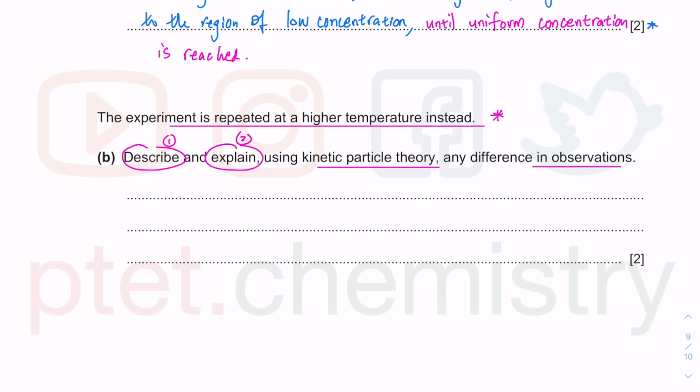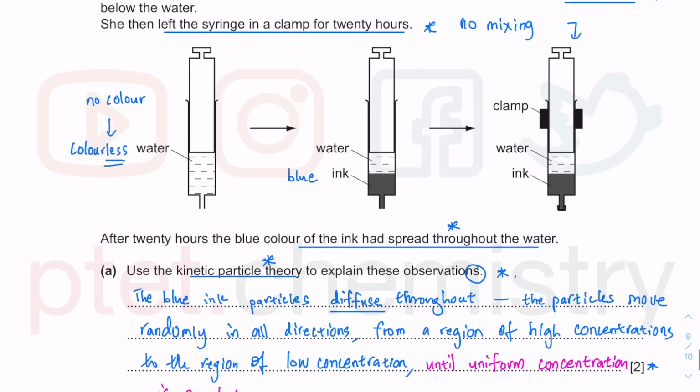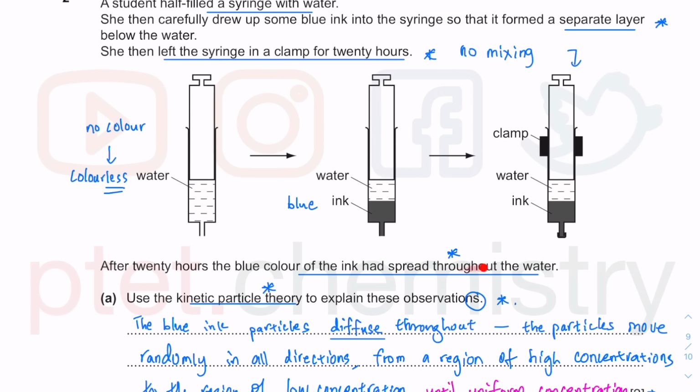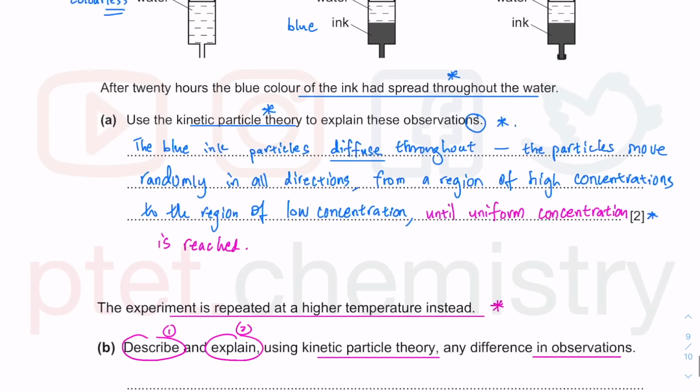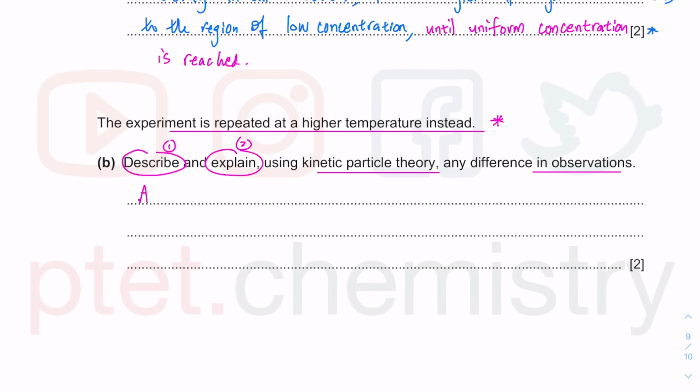Any difference in observations? Well, the question did say after 20 hours, the blue color spread throughout. As temperature increases, what happens to the particles? We know that temperature is a measure of your average kinetic energy, how fast the particles are moving.